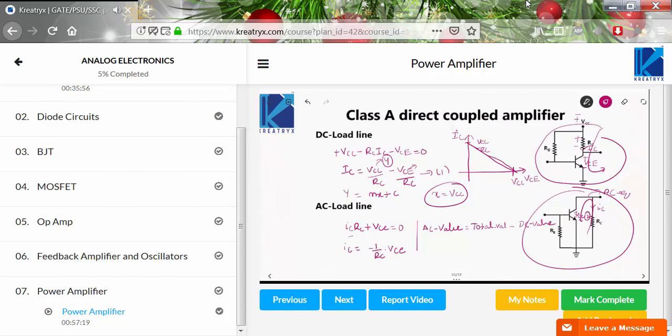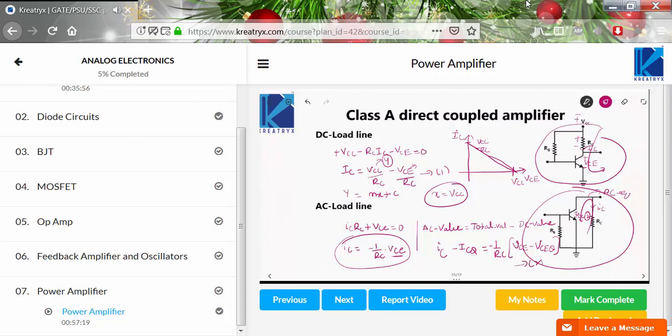Now what about this equation actually? This i_c = -(1/R_C) v_c is the AC value, right? The total value is represented with i_C (small i, capital C suffix) minus I_CQ, the DC value, which is equal to -(1/R_C) into (v_C minus V_CQ).